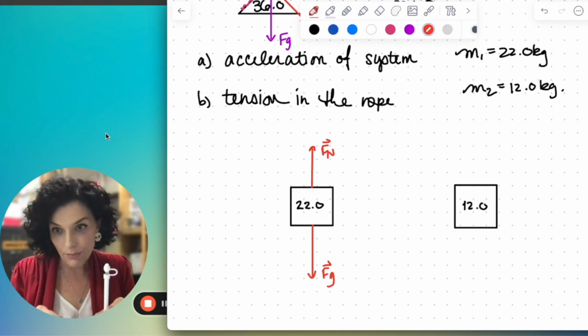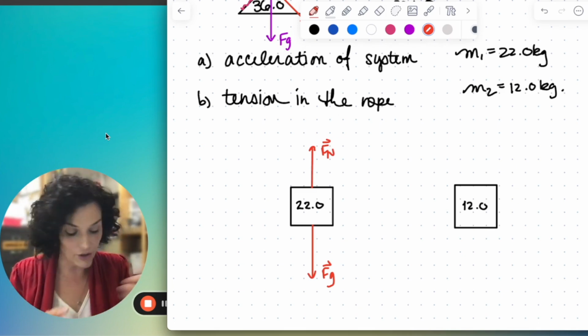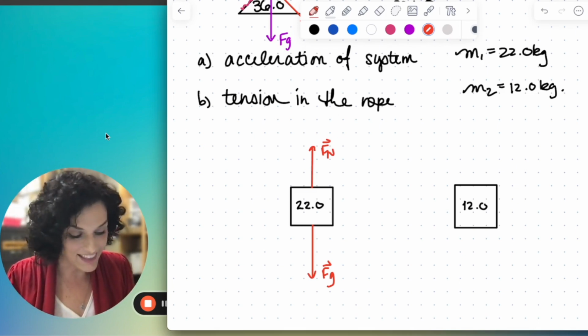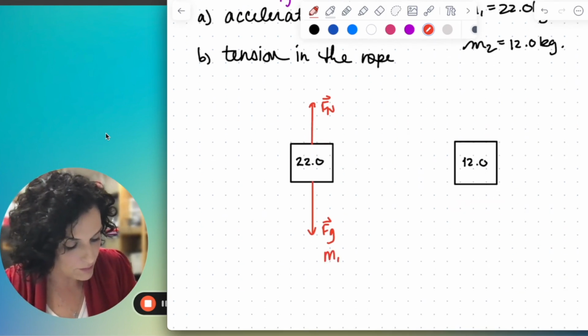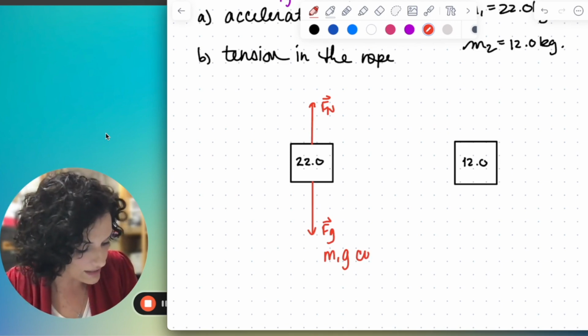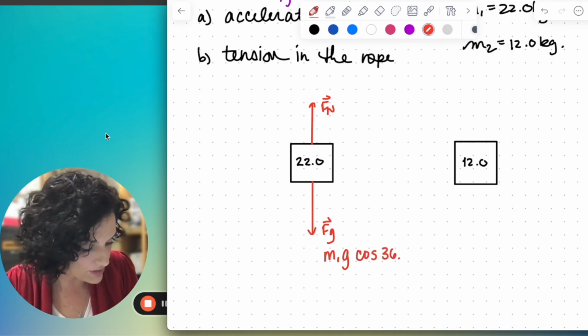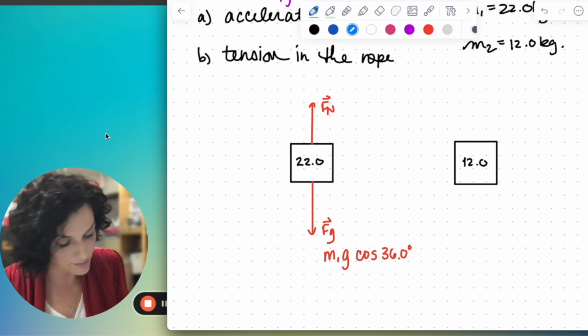We need the y components to add up to give us that purple vector value. So having said that, my FG is going to be my mass 1 times gravity, and that's cosine 36.0 degrees. Now again, I have an x component to that as well.